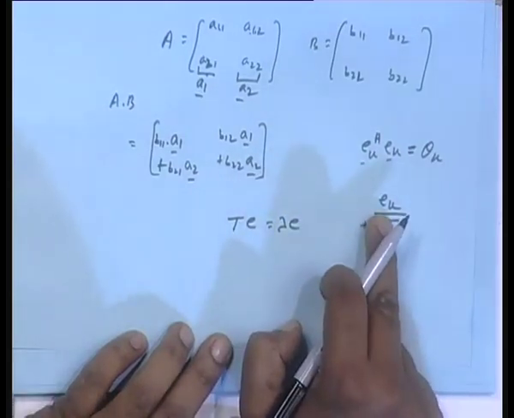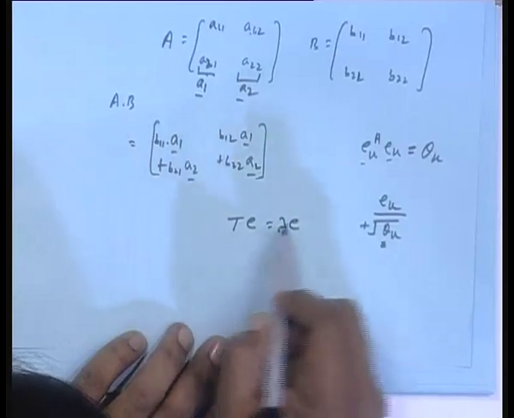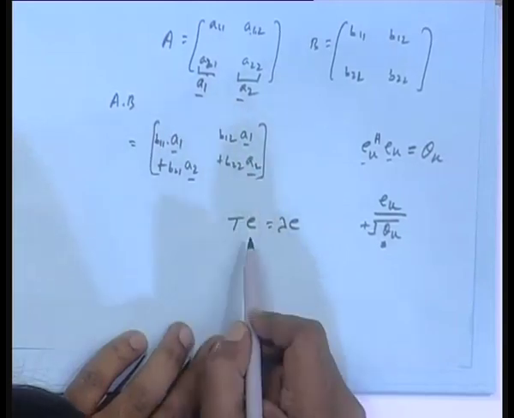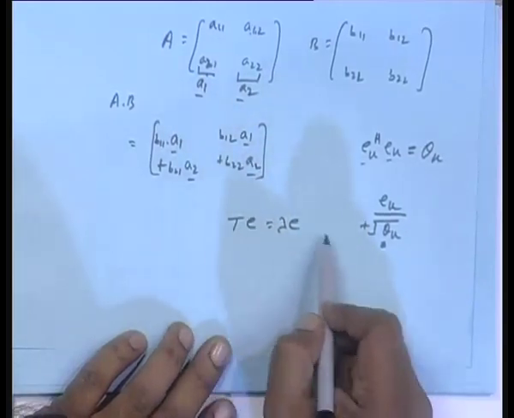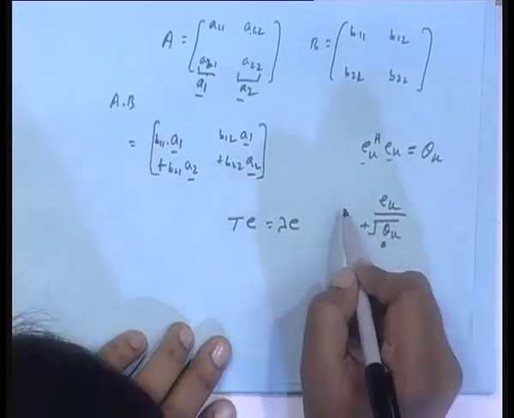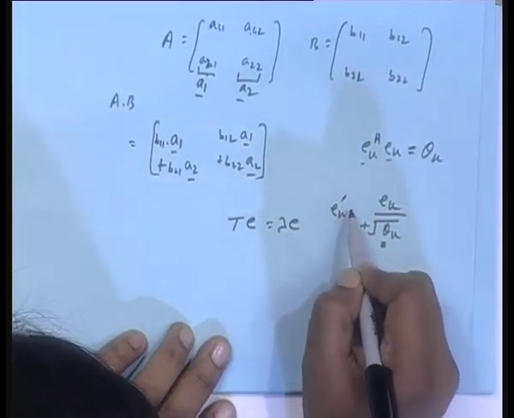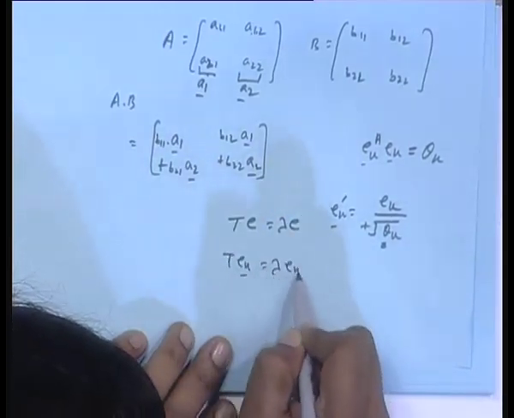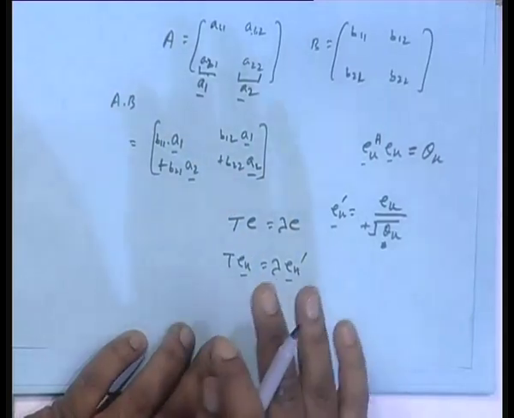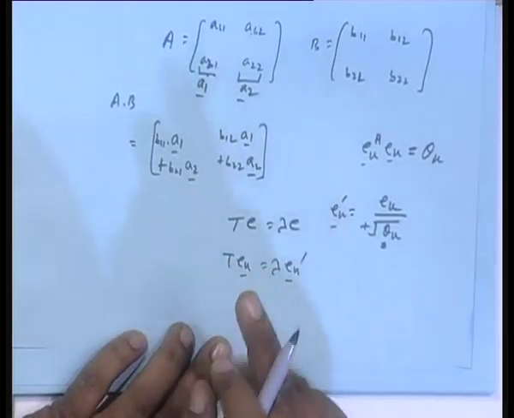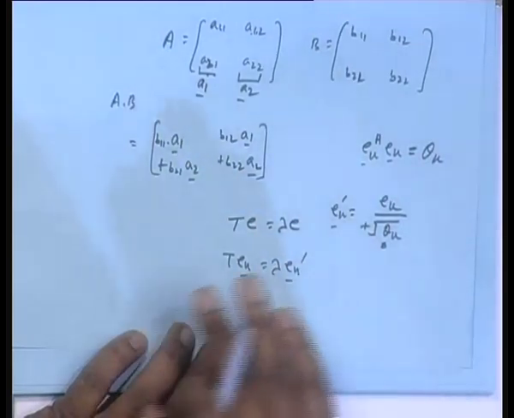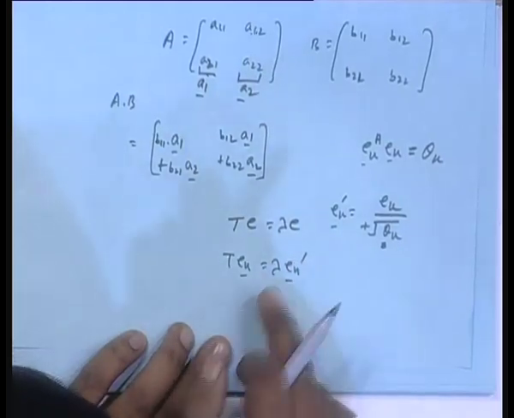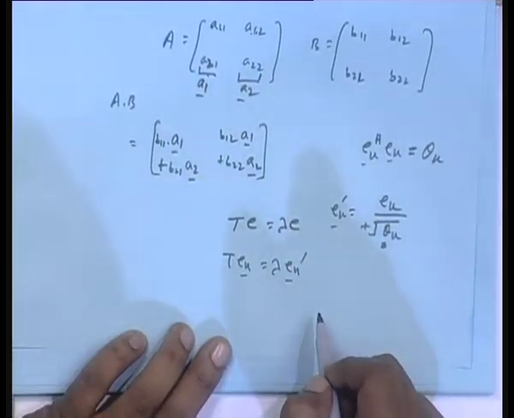T of this: multiplying both sides by 1 by square root theta k, you can pull it inside below E, here also below E. So, you can call this a new vector, say E k prime. I am saying T E k prime is also lambda E k prime, firstly. You must know that if A x equals lambda x, x is an eigenvector, then 2x, 3x, 4x, all scalar multiples, are eigenvectors of the same eigenvalue.